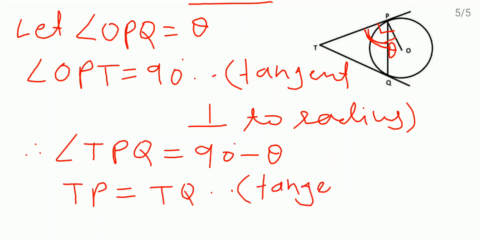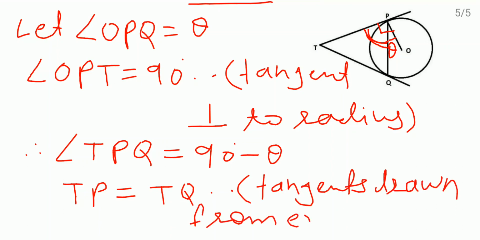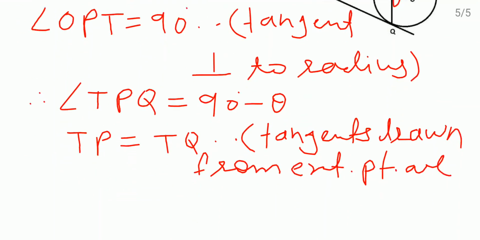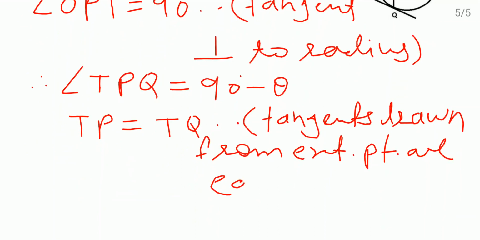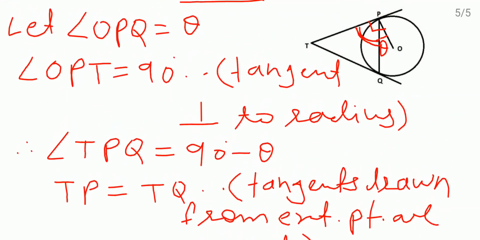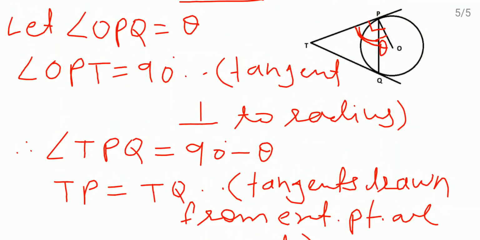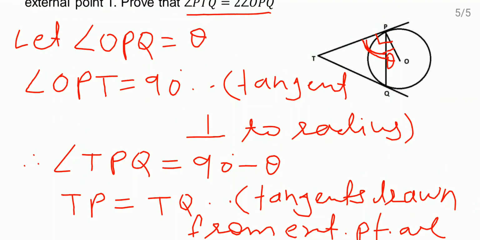So here, tangents drawn from exterior point are equal in length. Okay. Now as they are equal, angles opposite to them will be equal. Look at the angles here. See, these two sides are equal of this triangle PTQ. So angles opposite to them are what?